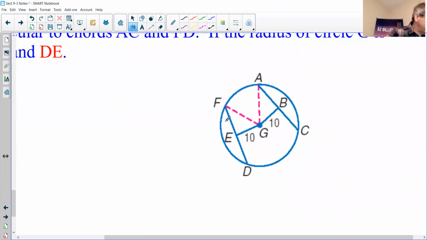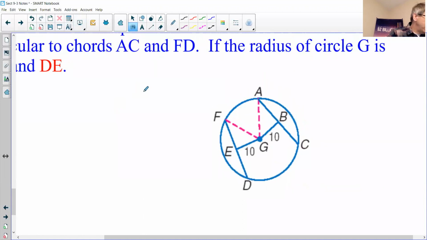Chords AC and DF are equidistant from the center. So let's take a look at that first statement. AC and DF are equidistant from the center, so we have those marked as 10.